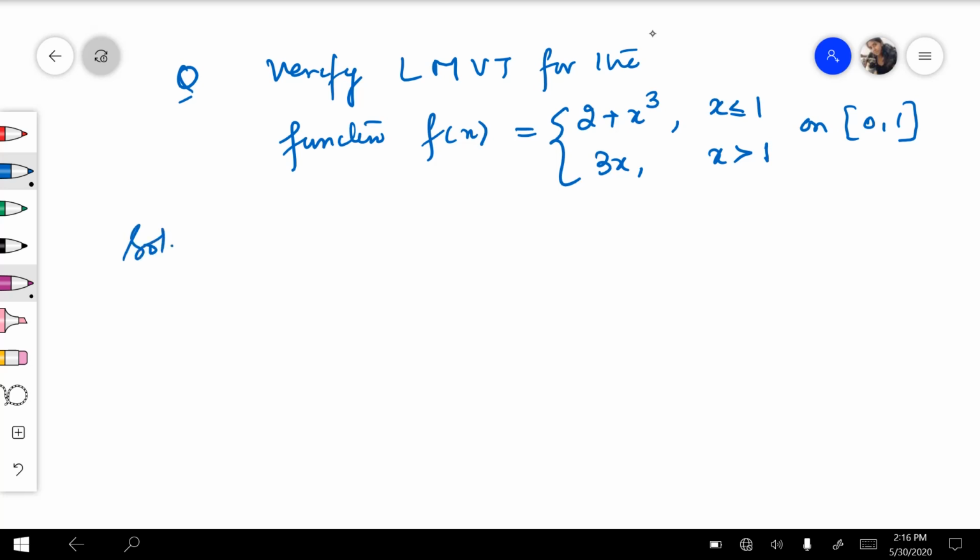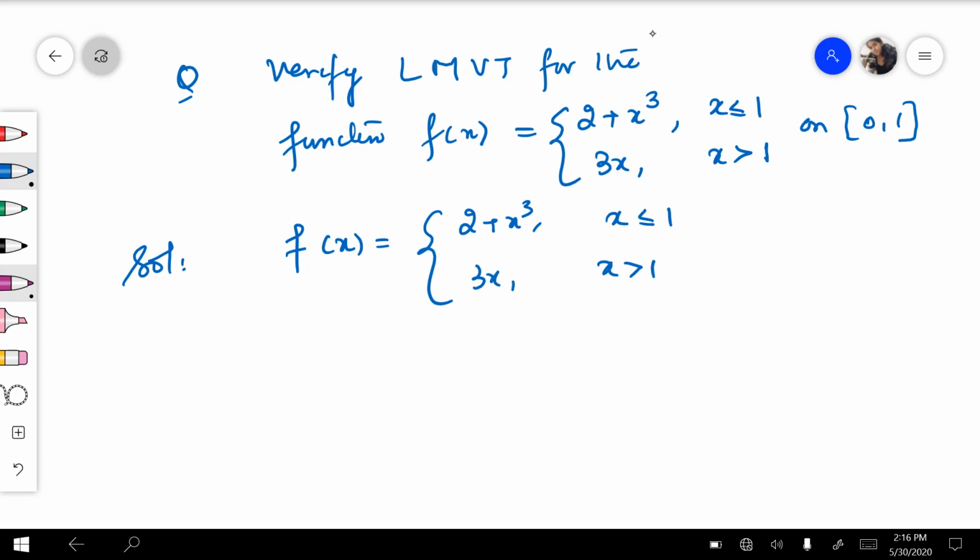Solution: f of x is equal to 2 plus x cube when x is less than or equal to 1, 3x when x is greater than 1, on the closed interval 0 1.